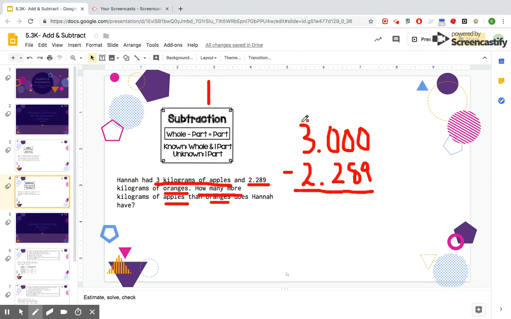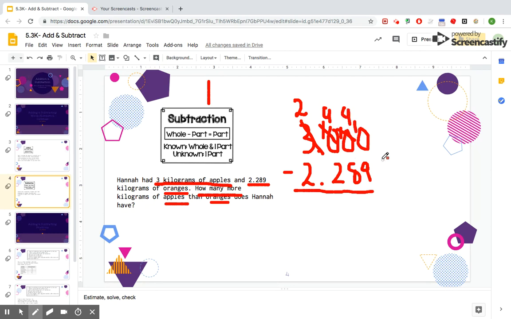So my first thing I'm going to have to do is regroup from my 3. I will take 1 away from it, changing it into a 2. That would change this number here into a 10, but I'm going to have to continue to regroup. So I'll change it into a 9, which would change this into a 10. And I'll regroup one more time, changing this into a 9.